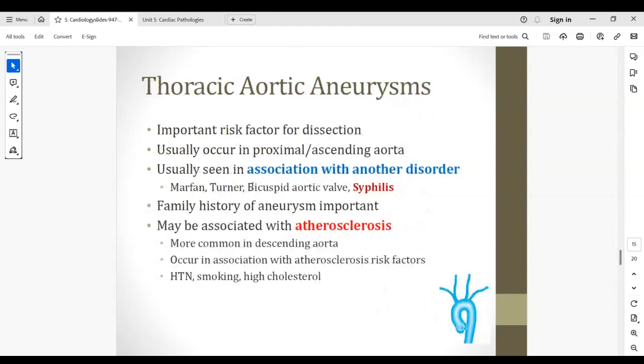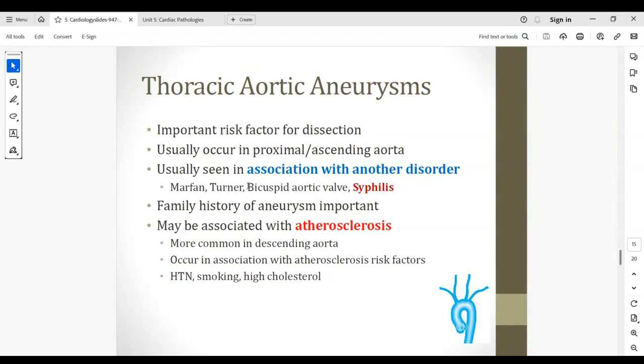Okay. The thoracic aortic aneurysm is an important risk factor for dissection. Some people who already have a thoracic aortic aneurysm will most commonly have aortic dissection if it is not treated or not managed.